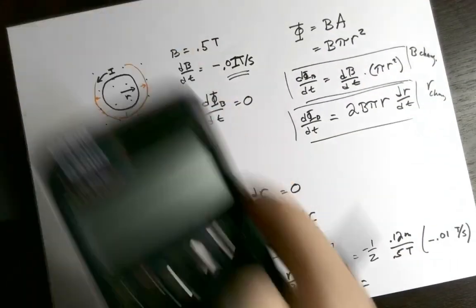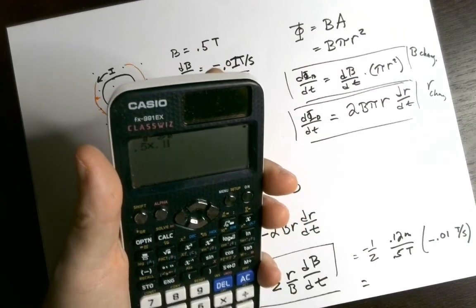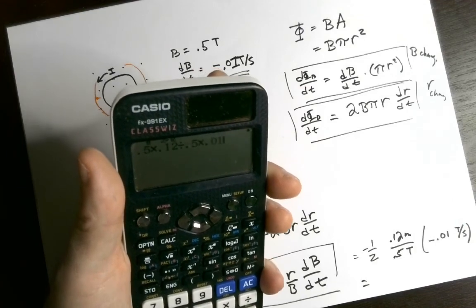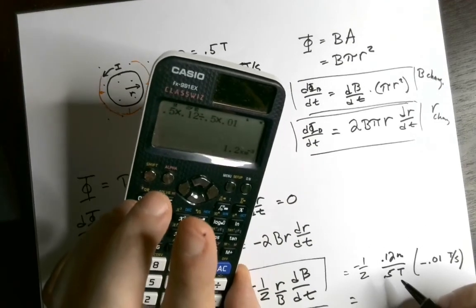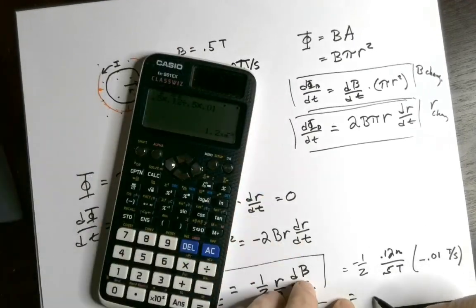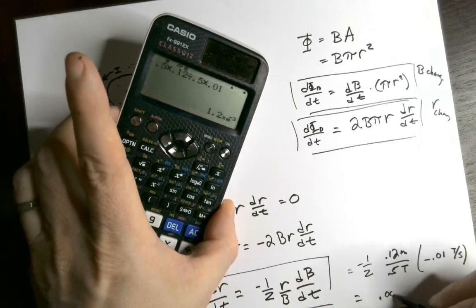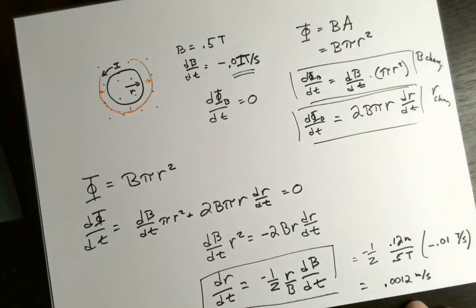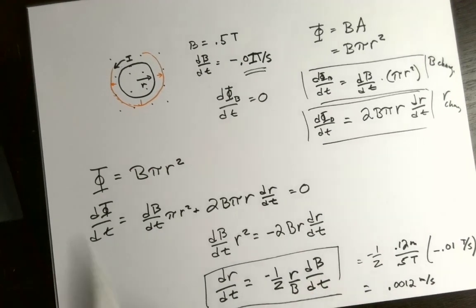So we can just pull out a calculator: 0.5 times 0.12 divided by 0.5 times 0.01. I get 1.2 times 10 to the minus 3 meters per second, so 0.0012 meters per second, which is 1.2 millimeters per second, if you prefer.